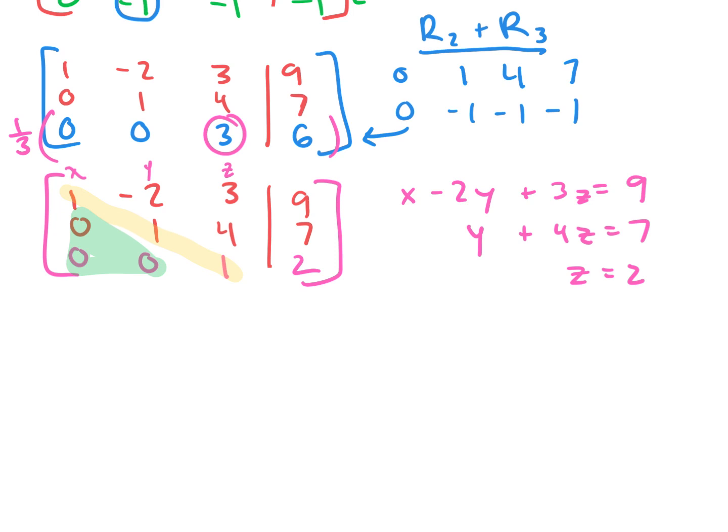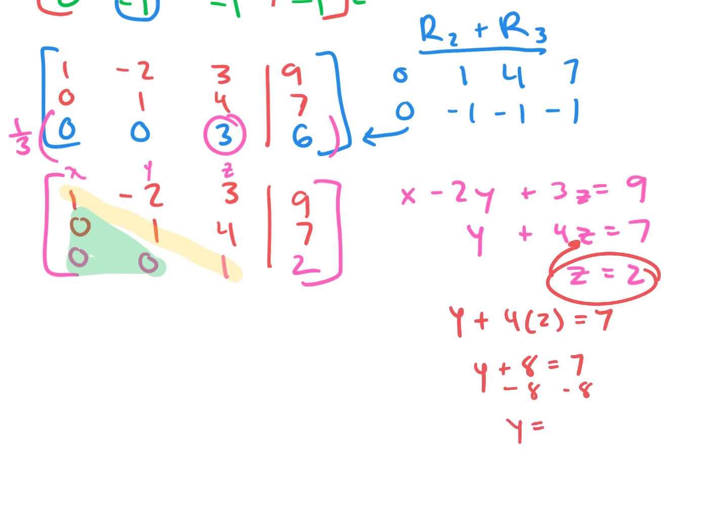And then from here, how can I solve? Back substitution. So plug z in. So I have y plus 4 times 2 equals 7. y plus 8 equals 7. Subtract 8. y equals -1. And then plug that into the first equation.